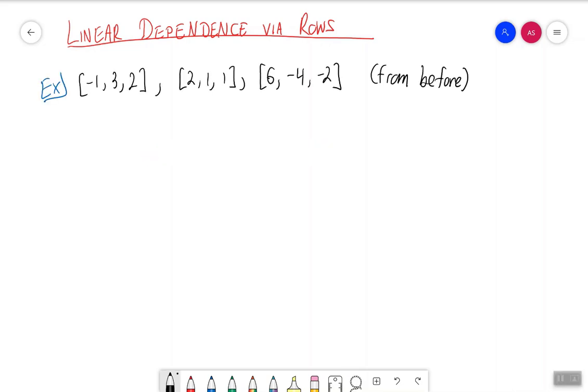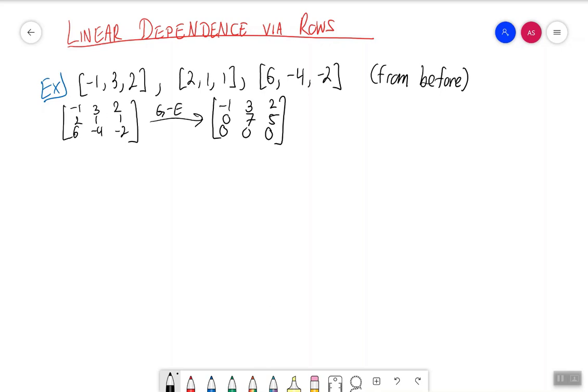These are the three vectors we had from the first example in the linear independence. What we can do, instead of putting these into the columns of a matrix, is put them into the rows of a matrix: -1, 3, 2, 2, 1, 1, 6, -4, -2. Now in the future, what I'm going to want you to do is this. You're going to use Gaussian elimination, and you're going to find the matrix -1, 3, 2, 0, 7, 5, 0, 0, 0.